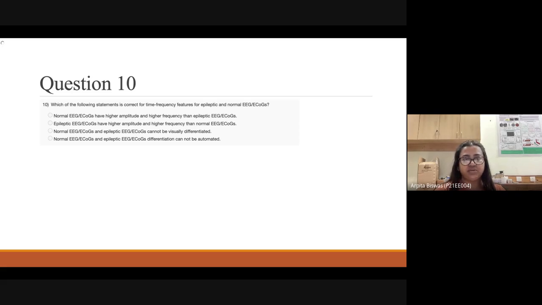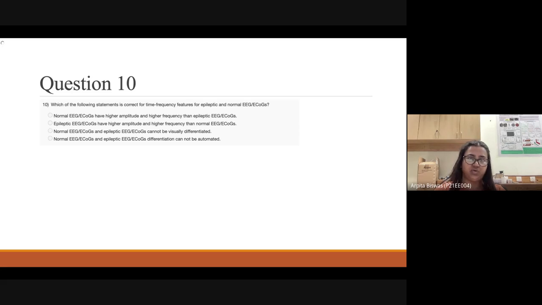And this is question number 10. Which of the following statements is correct for the time-frequency features of epileptic and normal EEG and ECoGs? First, normal EEG and ECoGs have higher amplitude and higher frequency than epileptic EEG and ECoGs. Second, epileptic EEG and ECoGs have higher amplitude and higher frequency than normal EEG and ECoGs.